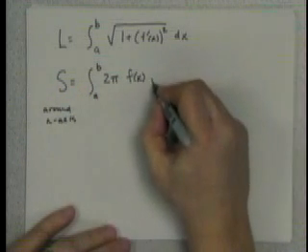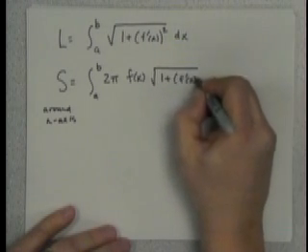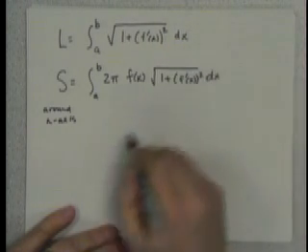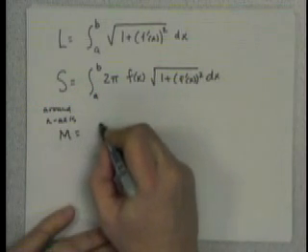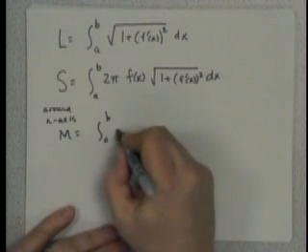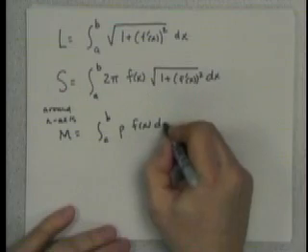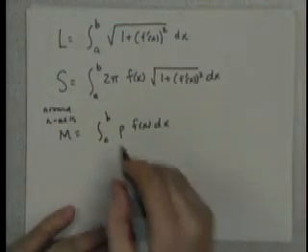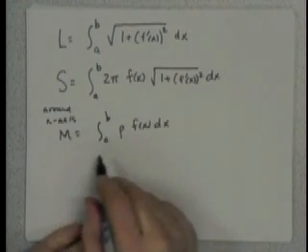And then we had the same. Find the total mass. We would just integrate the density times the function value. And again, this is one that's from the x-axis up.